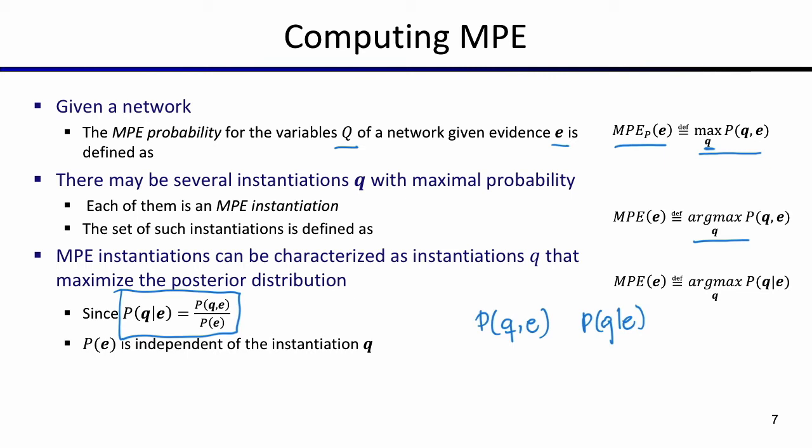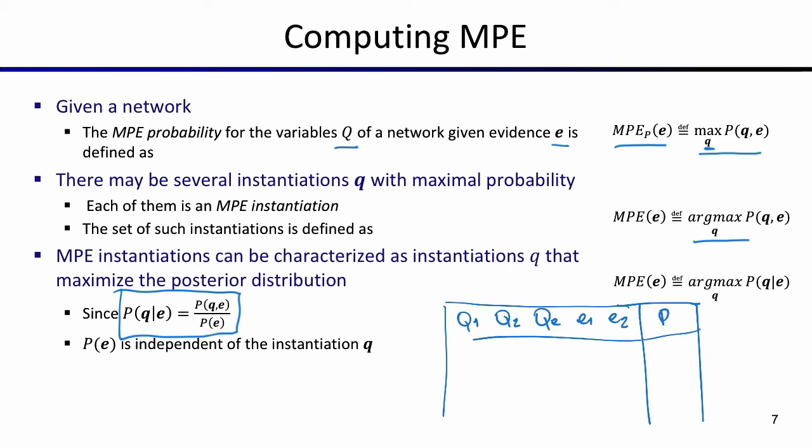If we have a table that mentions the probability of Q and E, so we have a table like this, right? We have all the query variables like Q1 and Q2 and Q3, and we can also express here the evidence, but they're going to be constant, E1, E2, and so on, and we have the probability here, right? And so we are looking at the assignment here that has the maximum probability, and this one is going to have a certain probability P here that is the highest of all probabilities that we have.